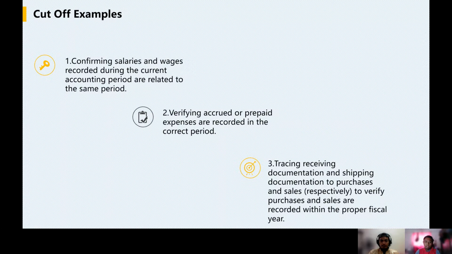It means we also must make sure the accrued and prepaid expenses are recorded within the accounting period. The last example is tracing receiving documentation and shipping documentation to purchases and sales. It means we must check that the documents we received from purchases and sales are related to the accounting period.